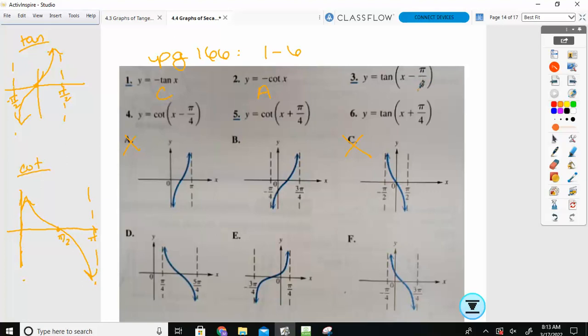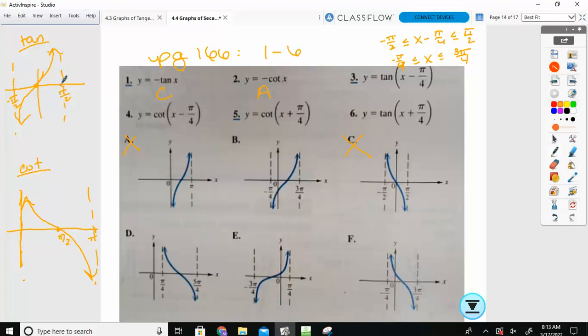All right, tangent of x minus pi over 4. What does that minus pi over 4 do? Right, moves it to the right. If you need to, you could set up the interval, if you got confused. So you would add your pi over 4, so you're going to be at negative pi over 4 to 3 pi over 4.